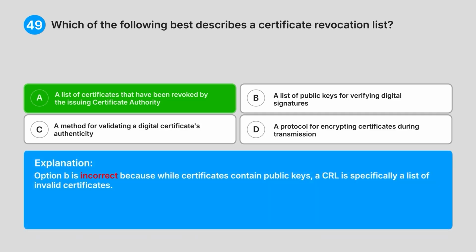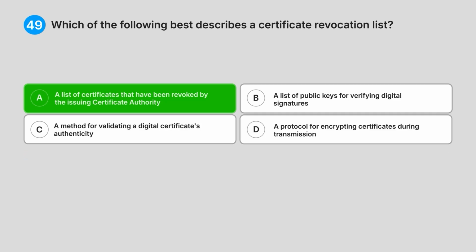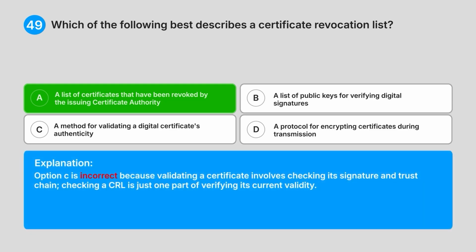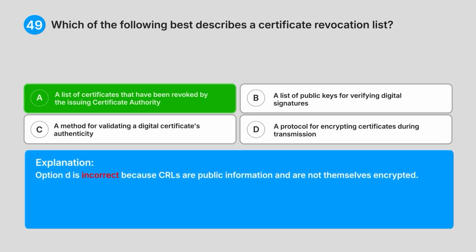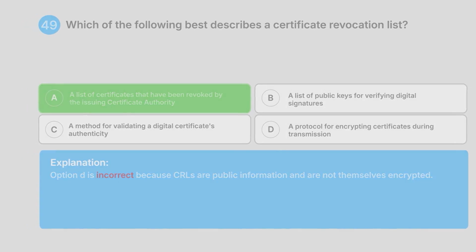Option B is incorrect because while certificates contain public keys, a CRL is specifically a list of invalid certificates. Option C is incorrect because validating a certificate involves checking its signature and trust chain. Checking a CRL is just one part of verifying its current validity. Option D is incorrect because CRLs are public information and are not themselves encrypted.